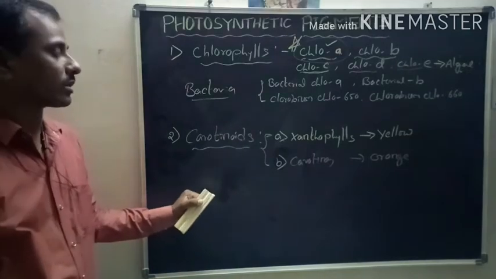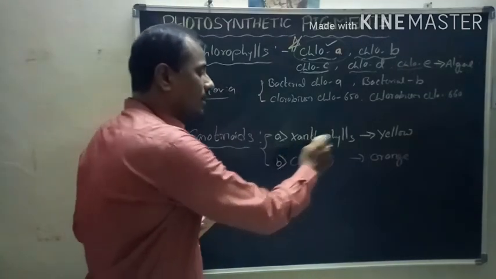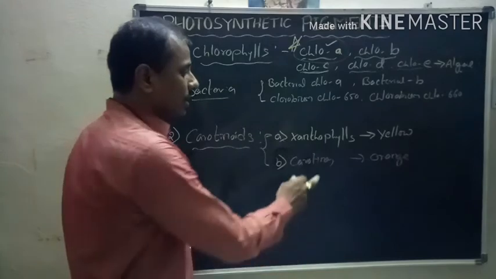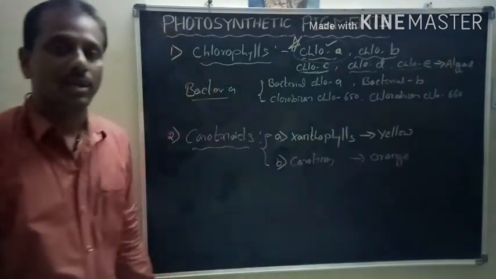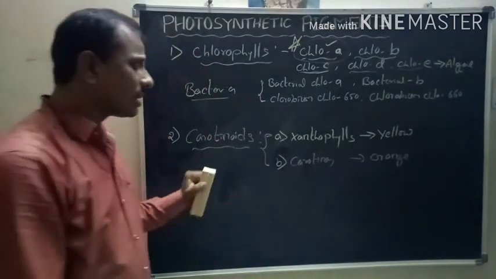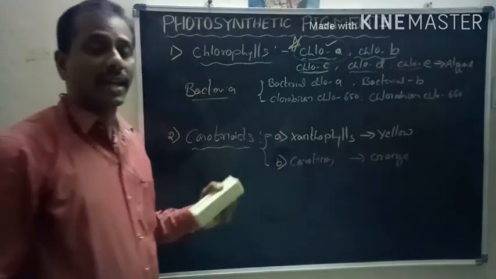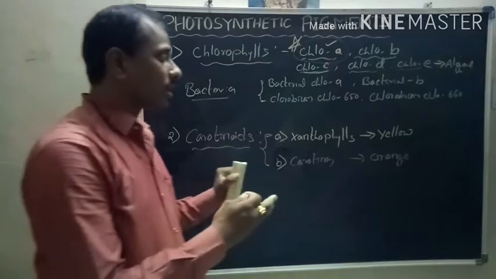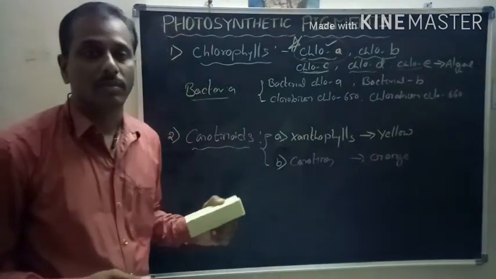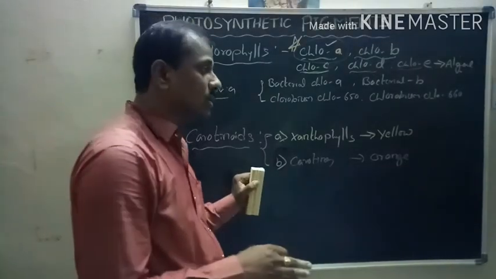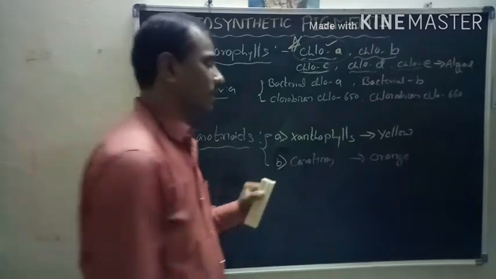We well know about the chlorophylls. In the plants, xanthophylls are also present. So in higher plants, there are three types of xanthophylls: neoxanthin, lutein, and violaxanthin.